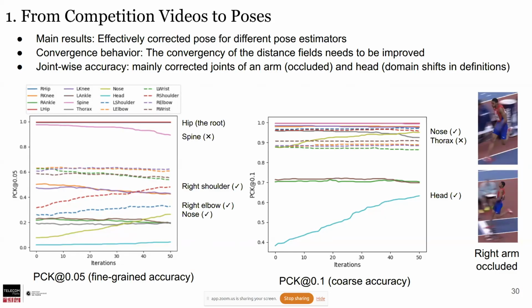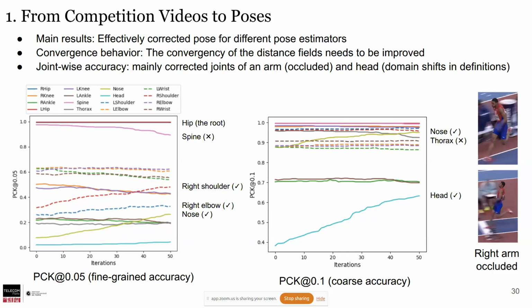From this level, most of the performances are not that good, but actually this is because 0.05 means 5% of the connection length, so it's a very strict criterion. And we see that there are some joints whose accuracy increased.